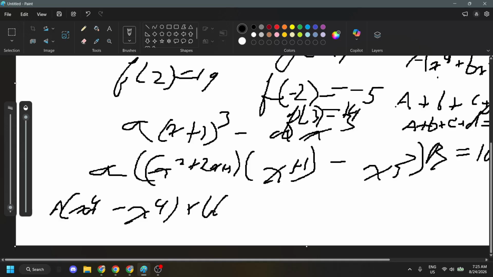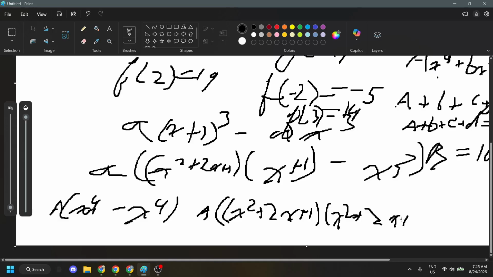So we get a times x squared plus 2x plus 1 times x squared plus 2x plus 1 minus x to the 4.